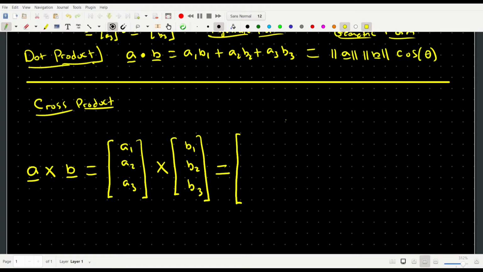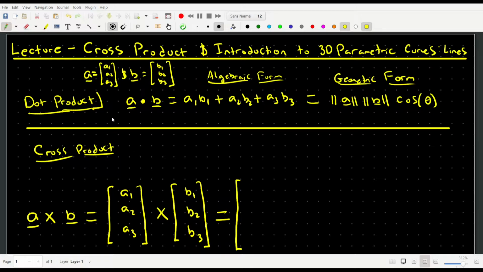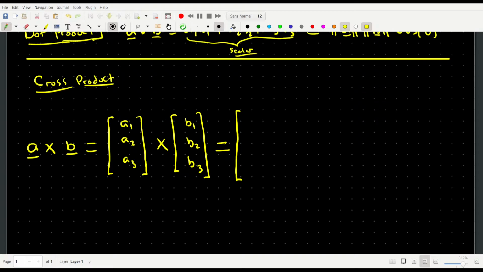So the idea is, first off, that the cross product of two vectors A and B is going to give you a new vector, unlike the dot product. The dot product just gives you a scalar. This is always going to be a number. While the cross product between two vectors is going to give you a new vector. So it's going to have three components.